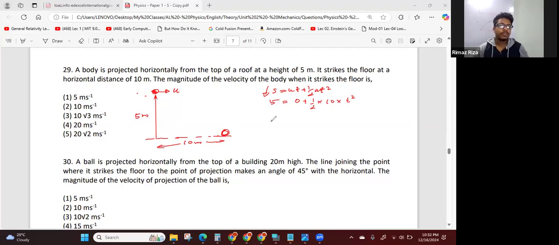So 5 equals 5t squared, 5 and 5 cancel, t squared equals 1, so t equals 1 second. Then in the horizontal direction, distance equals ut. So 10 equals u into 1, therefore u equals 10 meters per second. So the answer is the second option.